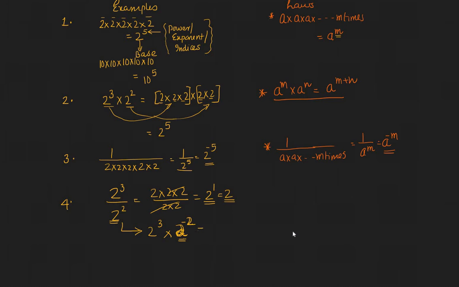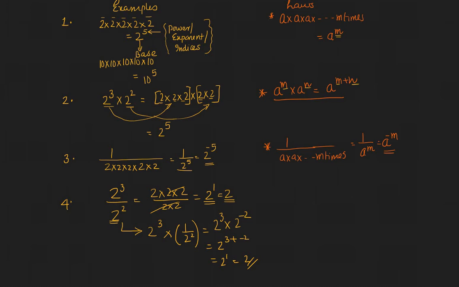So this quantity I can write as 2 power minus 2. Maybe I missed a step here, so I will write one more step. I can write this as 1 by 2 squared. I can write this as 2 cubed into 2 power minus 2, and a power m into a power n is a power m plus n. So this is 2 power 3 plus minus 2, and that is 2 power 1, that's equal to 2, right?